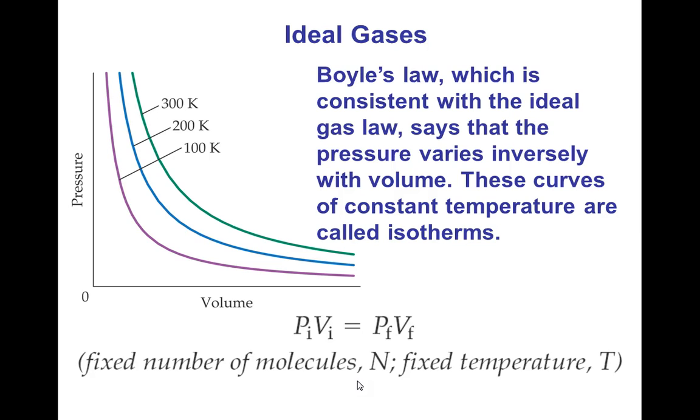All right, we can take the ideal gas law and take some special cases. If the molecules are fixed and the temperature's fixed, then we have a relationship between pressure and volume that if it's high pressure, be relatively low volume, low pressure, relatively high volume.